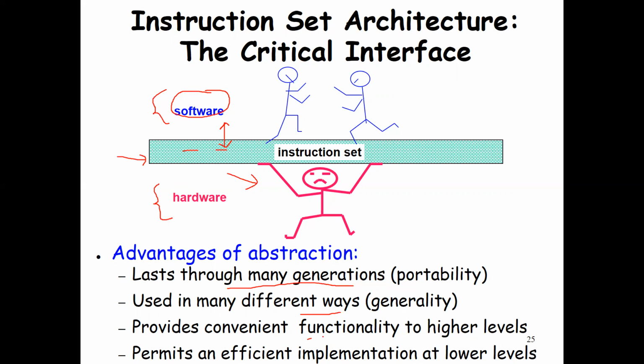And it provides convenient functionality to the higher levels. Hardware provides functionality to the instruction set, and the instruction set provides functionality to the software. And also it permits an efficient implementation at lower levels. So these are the advantages of having abstraction.